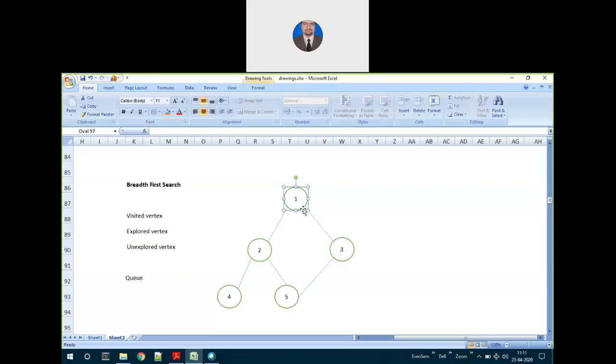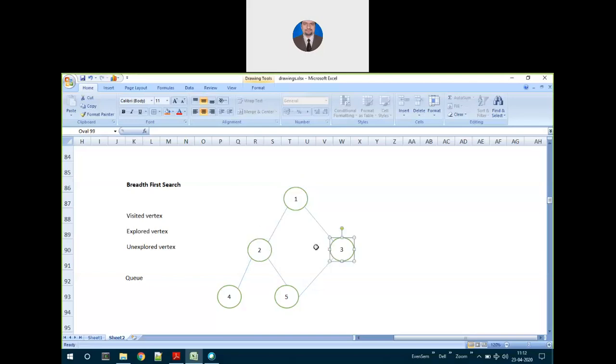Then, to move on, I need to explore vertex 1. Explore means I need to find its adjacent vertices. For vertex 1, the adjacent vertices are 2 and 3, so I need to visit 2 and 3. Pay attention to the words I am using here: in order to explore vertex 1, I should visit its adjacent vertices, vertex 2 and vertex 3.